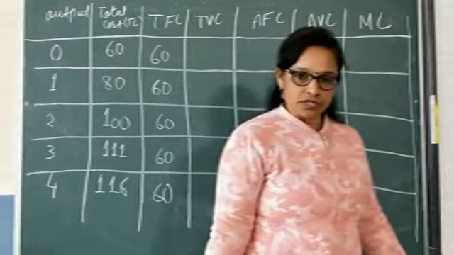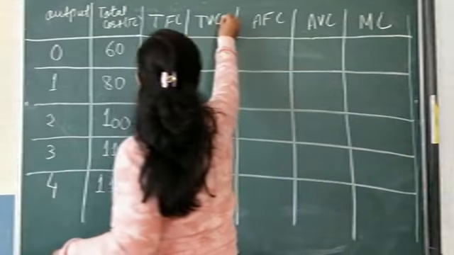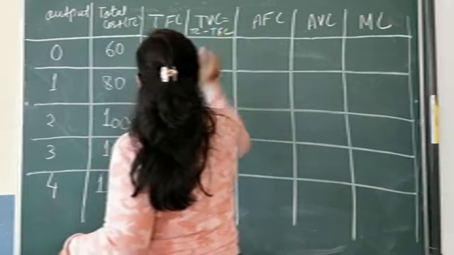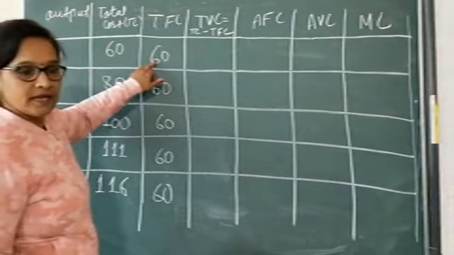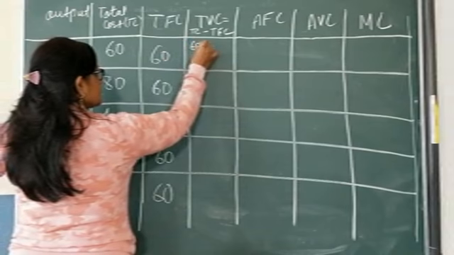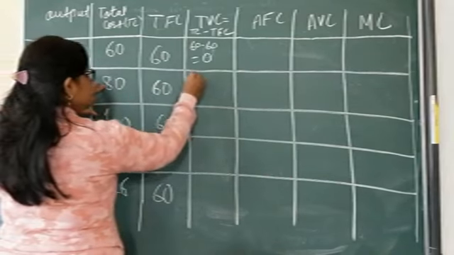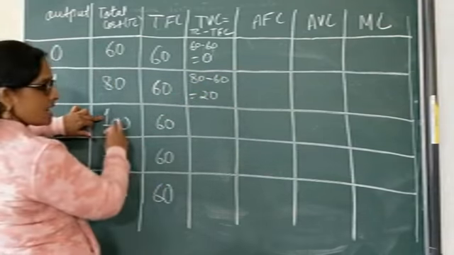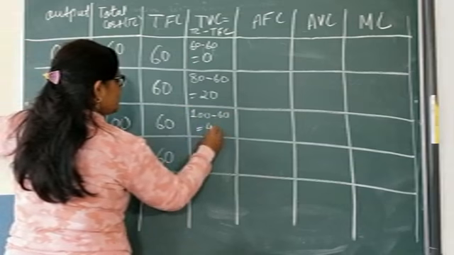So we got total fixed cost. Now we have to calculate total variable cost. What is the formula to calculate total variable cost? TVC is equal to TC minus TFC. Here, 60 minus 60 is equal to 0. Then 80 minus 60 is equal to 20. Then 100 minus 60 is equal to 40.